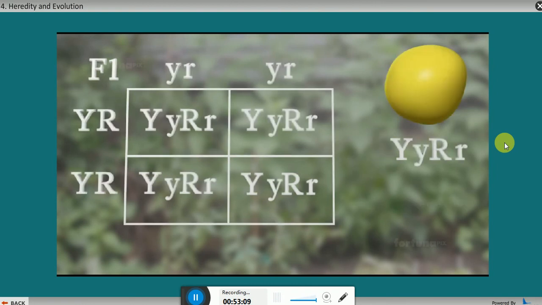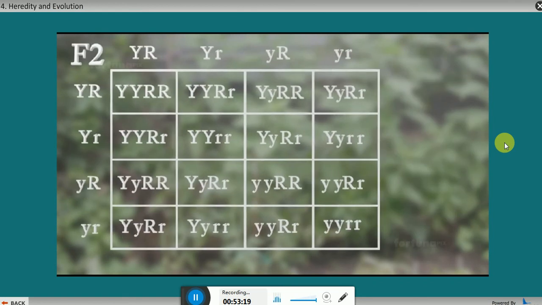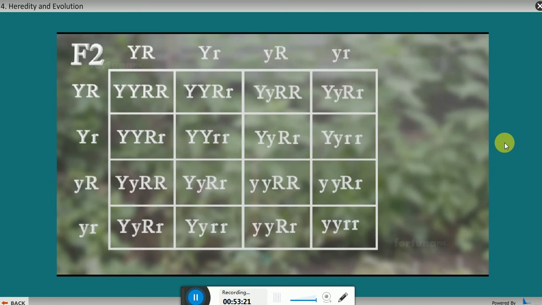The gametes from the F1 generation with a heterozygous genotype are matched in the Punnett square. Now let's examine the F2 generation using the Punnett square and observe the changes that occur.